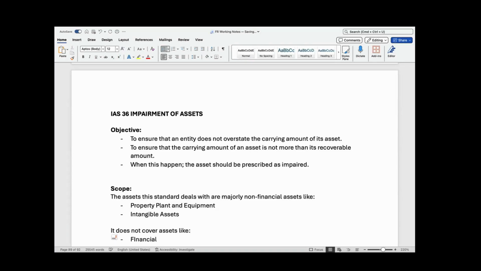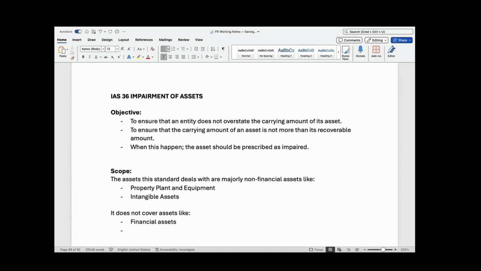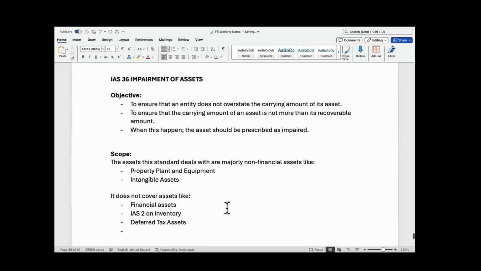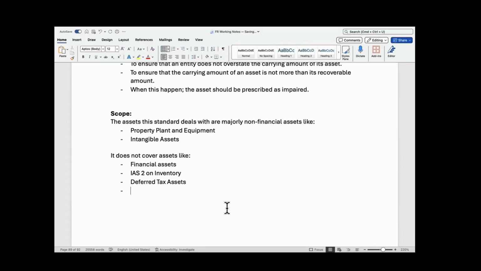It does not cover financial assets. It does not cover assets under IAS 2 on inventory. It does not cover inventory. It does not cover deferred tax assets. It does not cover that. Majorly, it does not cover those.